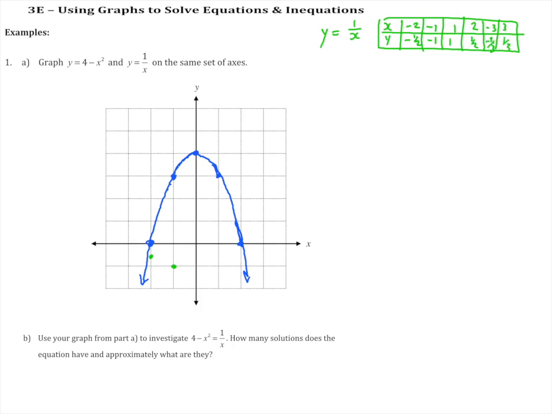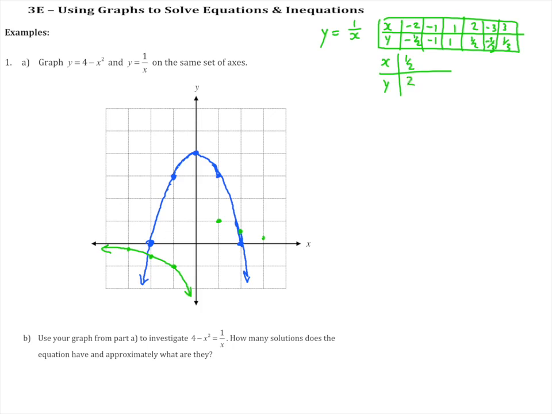So minus 3, minus a third, about there. Go like this. And when I go to 1, 1, I go to 2, a half, 3, a third. If I go to a half, when x is a half, 1 over a half is equal to 2.